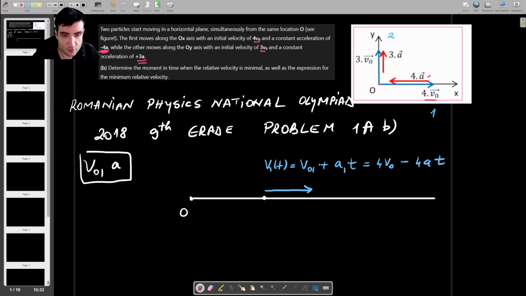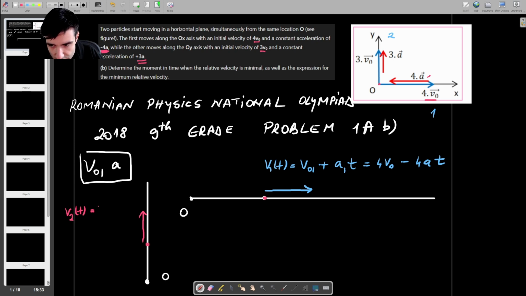So this is how the velocity of this particle will change with time, and eventually it will become 0, and then it will change direction. But let's also find the velocity of the second particle, which is traveling in the vertical direction. So let's say that point O is here, and after some time the second particle has moved some amount, and it will have a velocity given as v2 of t, using the same principle as for particle 1.